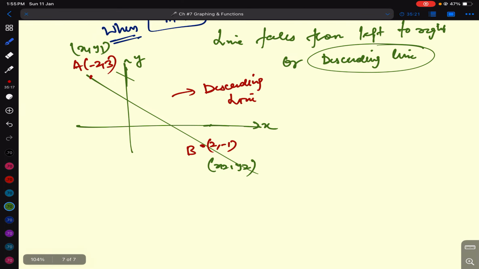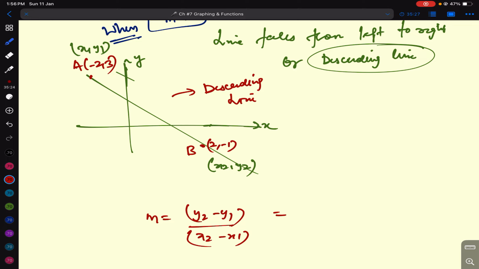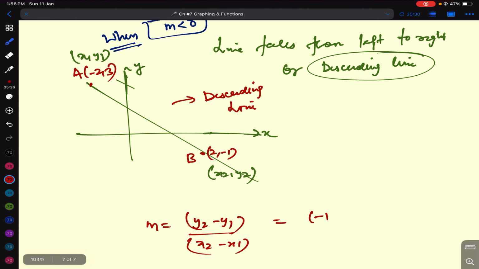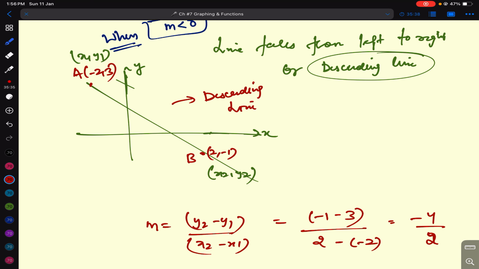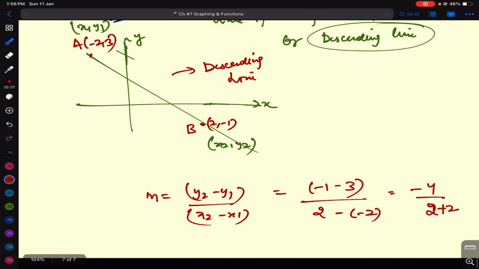So if I have to find the slope, that will be y2 minus y1 over x2 minus x1, right? What is y2 here? -1. What is y1 here? 3. Over x2 here is 2 and x1 here is -2. So this is -4 over 2 plus 2, which is +4, which is -1. So my slope turns out to be less than 0 in this case. That's why we have a falling line from left to right.